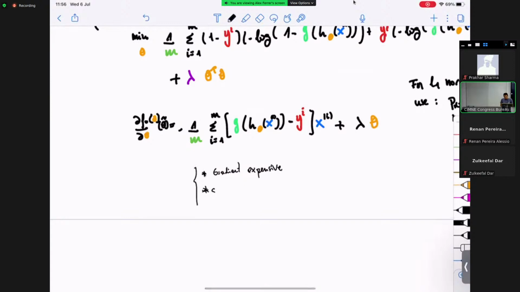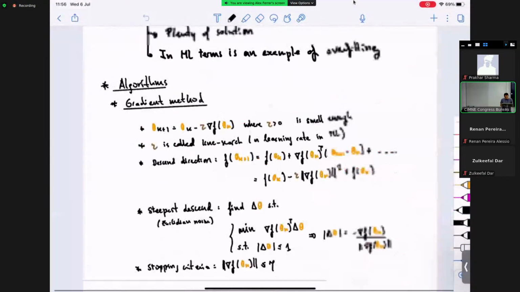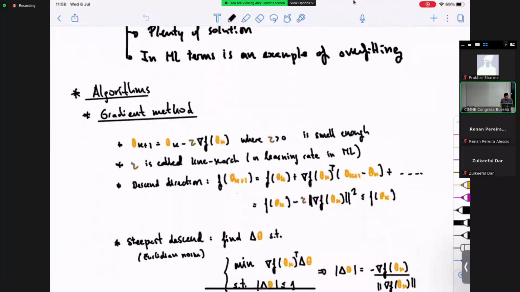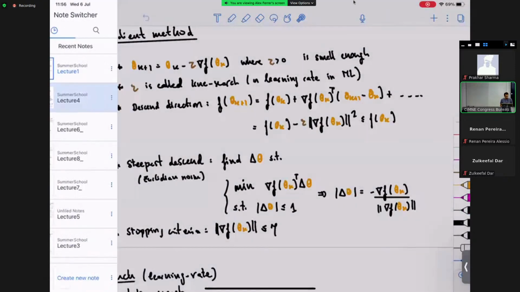Then the stopping criteria for unconstrained optimization, lecture 1. The stopping criteria is that the norm of the gradient is smaller than eta. This is what we do in unconstrained optimization.